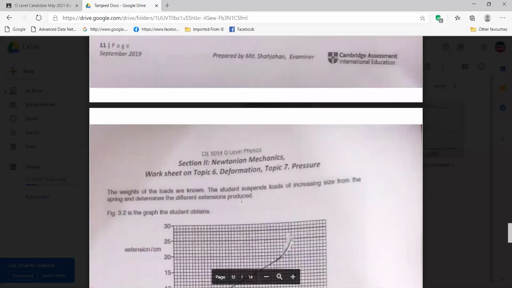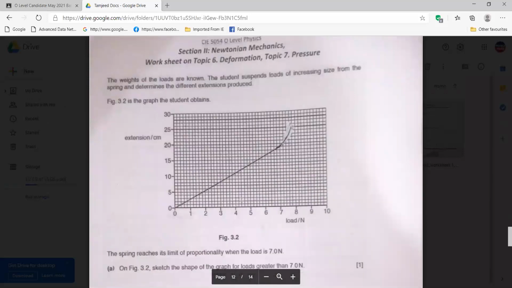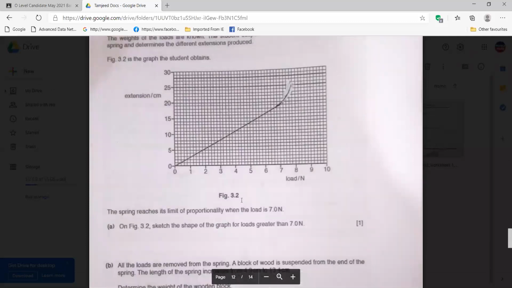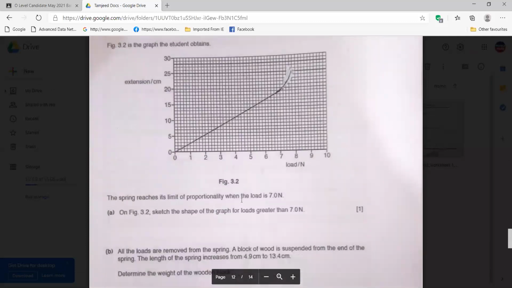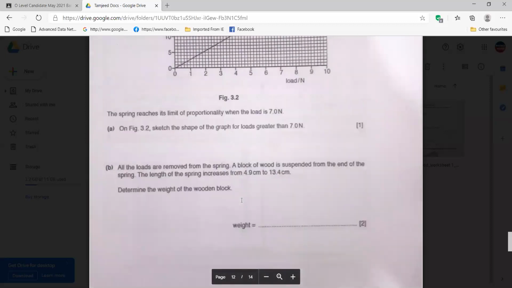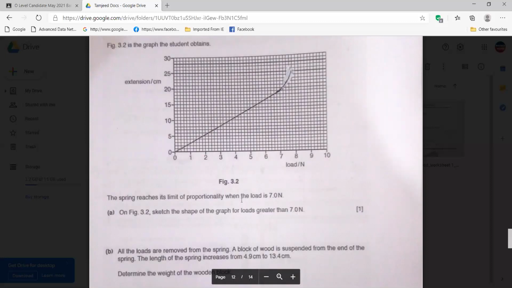Yes, sir, I couldn't solve this one. No, B, sorry, B. So they gave the extension load graph, right?